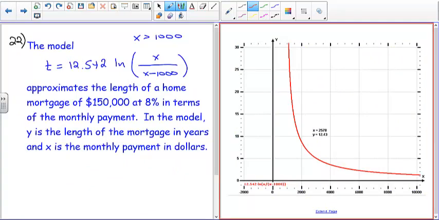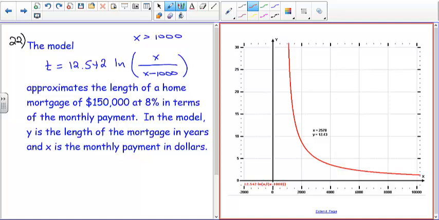Okay, so we got one word problem. The model says that t is the time it takes to pay off a mortgage. So t equals 12.542 times the natural log of x divided by x minus 1,000, and x has to be greater than 1,000.